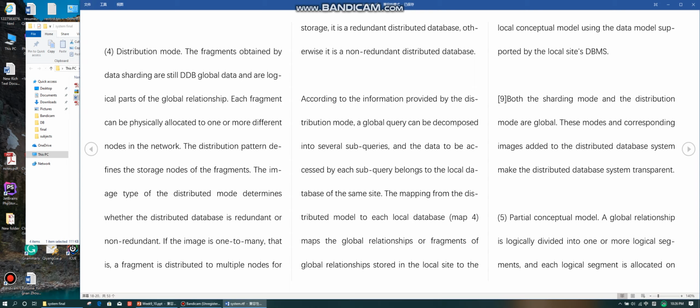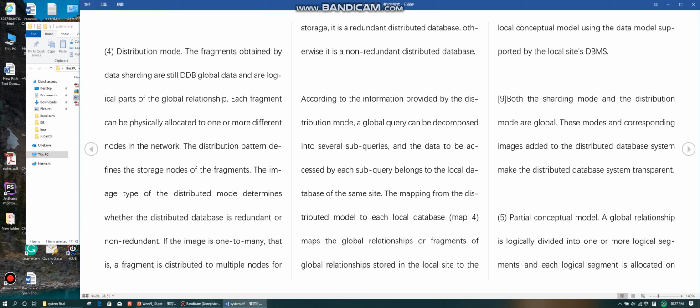The image type of the distributed model determines whether the distributed database is redundant or non-redundant. According to the information provided by the distributed model, a global query can be decomposed into several subqueries.